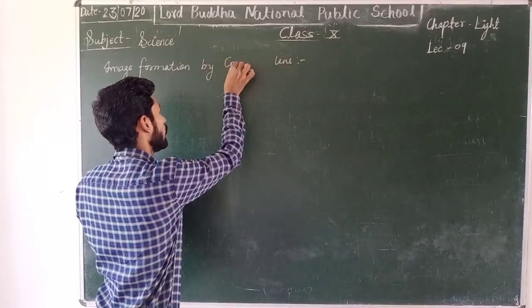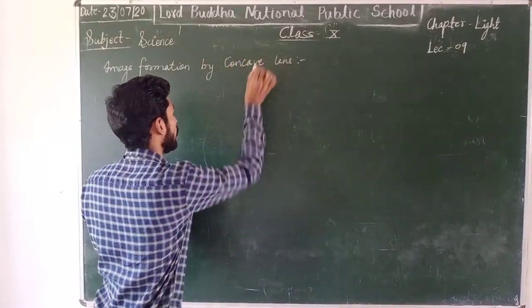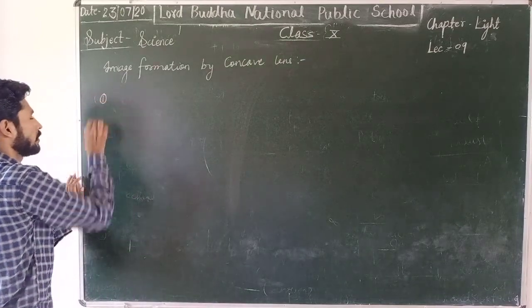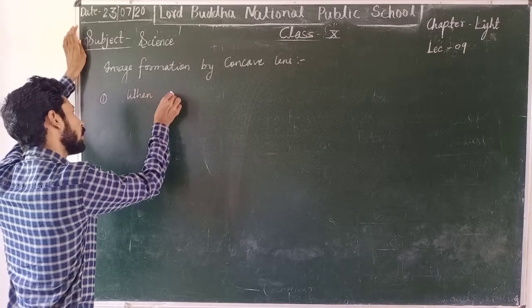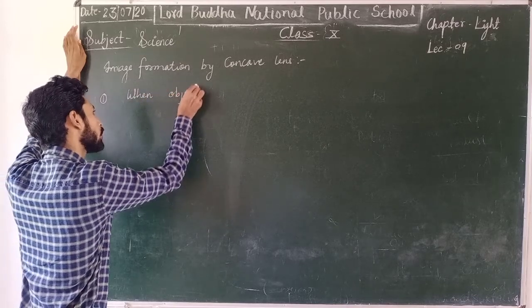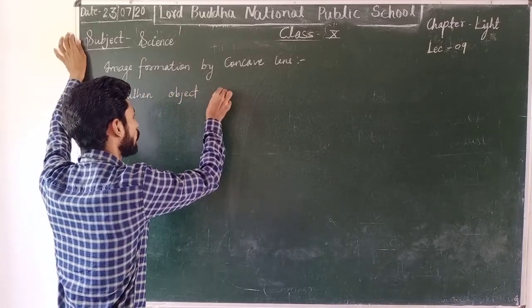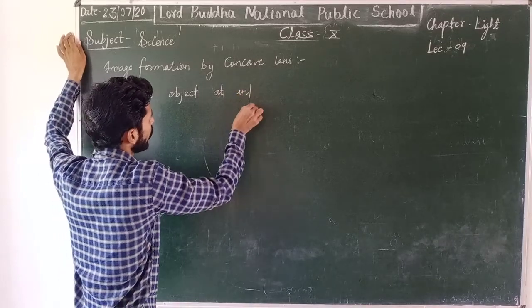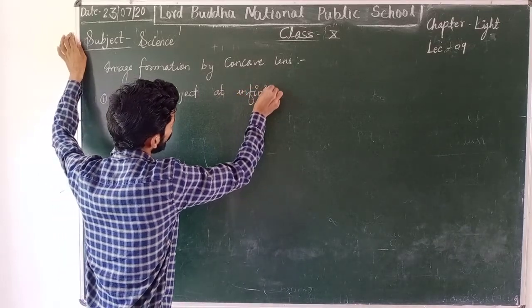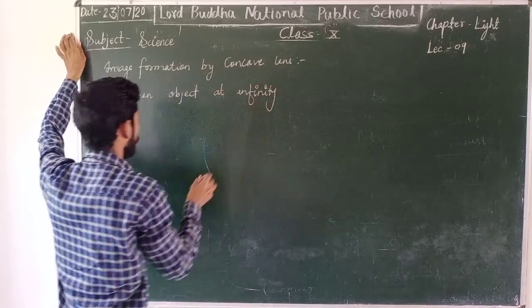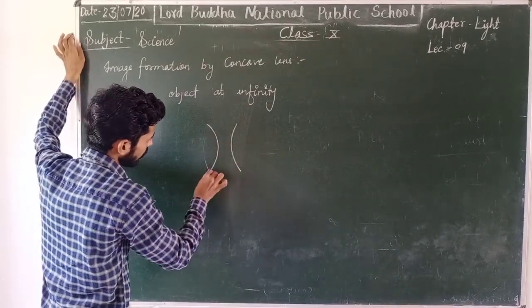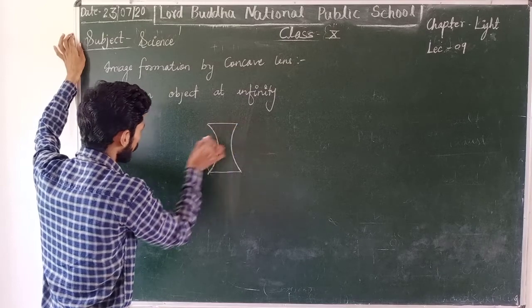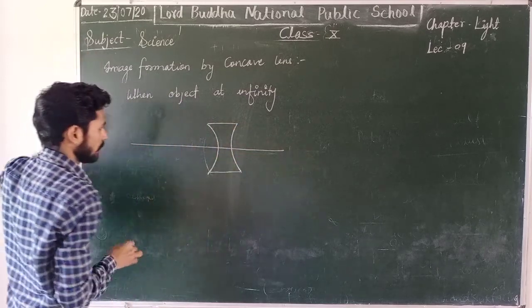Image formation by the concave lens. Point number first, when the object is at infinity. Now suppose that there is a concave lens and this is the principal axis.